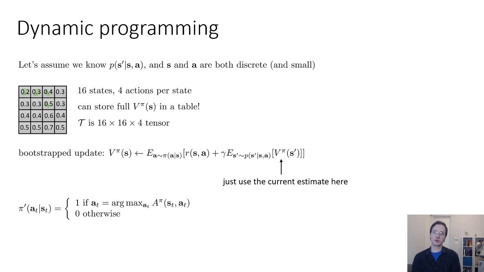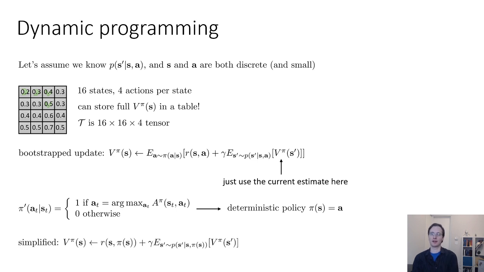And then, once we calculate a value function V pi this way, we can construct a better policy pi prime, as I mentioned before, by assigning probability 1 to the action that is the argmax of the advantage that we obtain from this value function. Now, this also means that our policy will be deterministic, so expected values with respect to this pi will be pretty easy to compute.